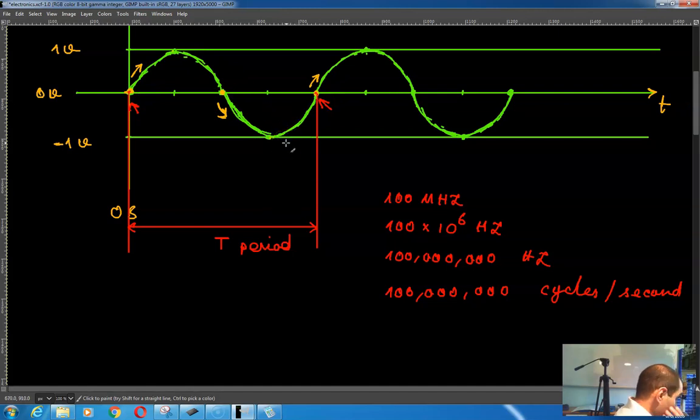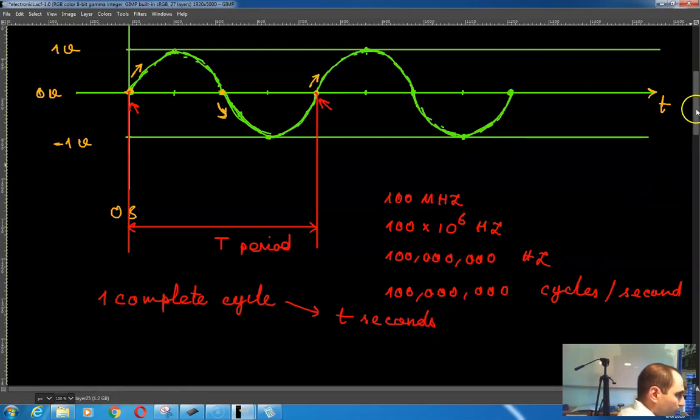So this means that, let's suppose that one complete cycle occurs in, for example, t seconds.